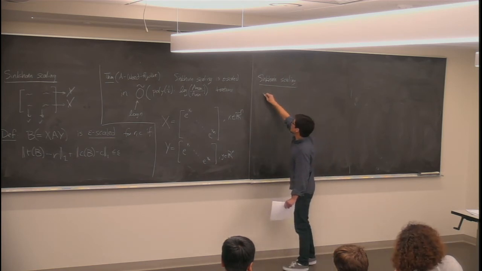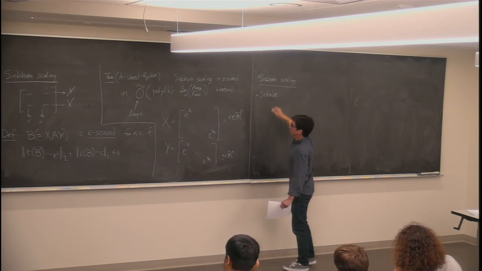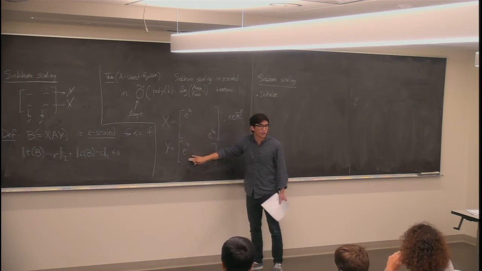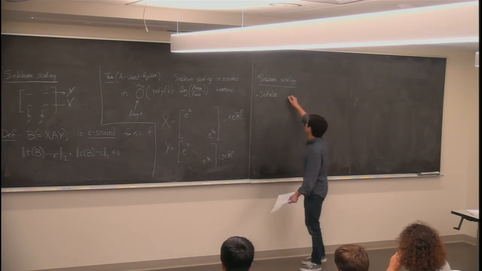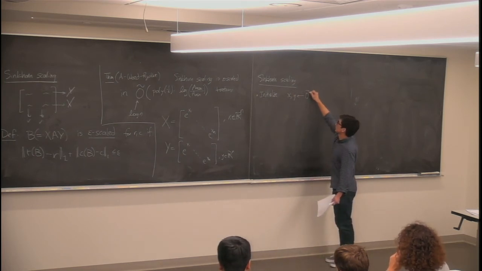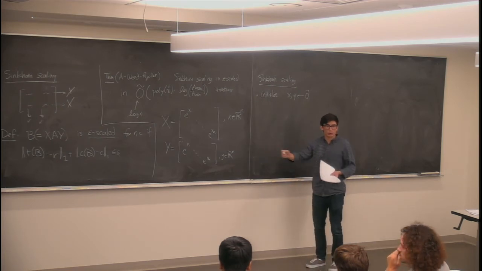You initialize with no scaling, so I want the matrix X to be the identity and Y to be the identity. I haven't scaled at all. That just means I let x and y be zero vectors. Then you iteratively update. You either update the rows or the columns.